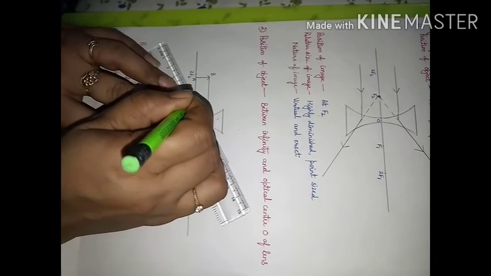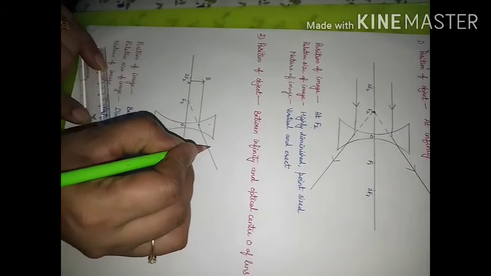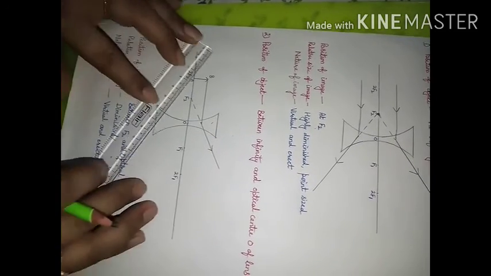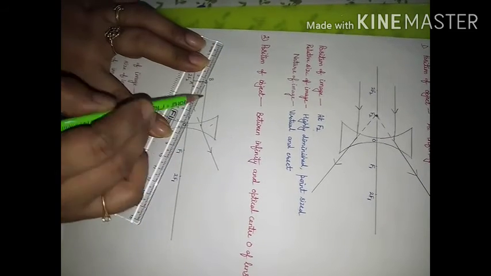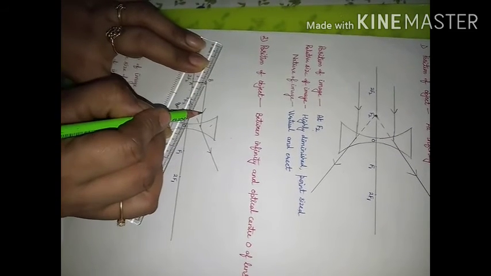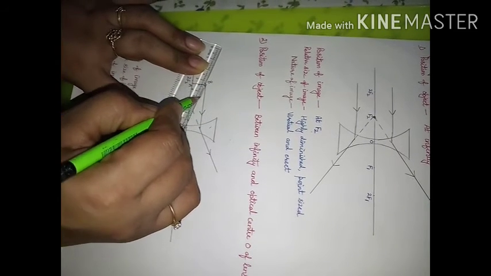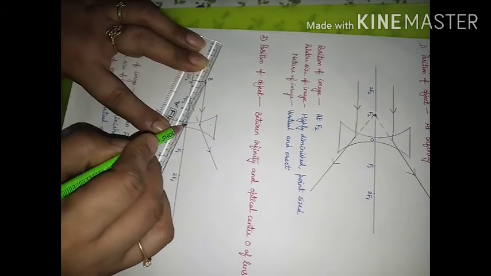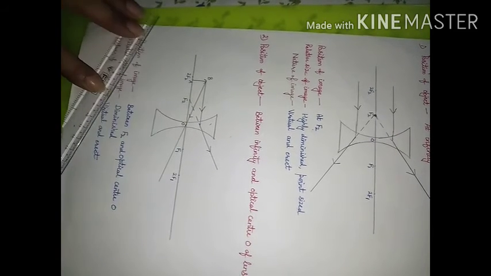So when I produce it in the backward direction, it will be like this. Second rule, any ray of light that is passing through the optical center. So from this point of the object, I have considered two rays: one parallel to the principal axis and the other passing through the optical center. So it will go without changing its path.